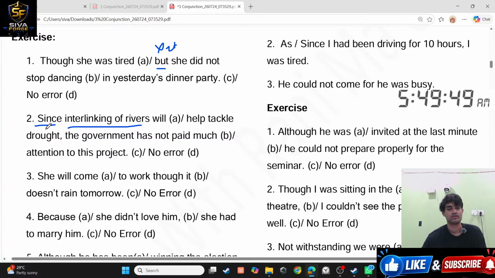So: although interlinking of rivers will help tackle drought, the government has not paid much attention to this project.